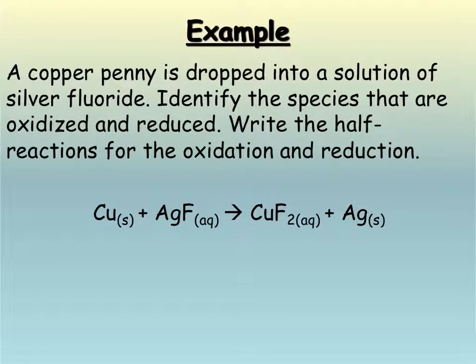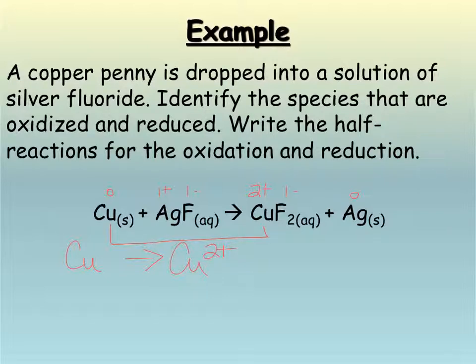All right, so we've got copper. We know the oxidation number is 0. Our fluorines are 1 minus. That means the Ag has to be 1 plus, and the copper is 2 plus. So I need to pull out my copper species. I've got my copper, and that is going to copper 2 plus over here.